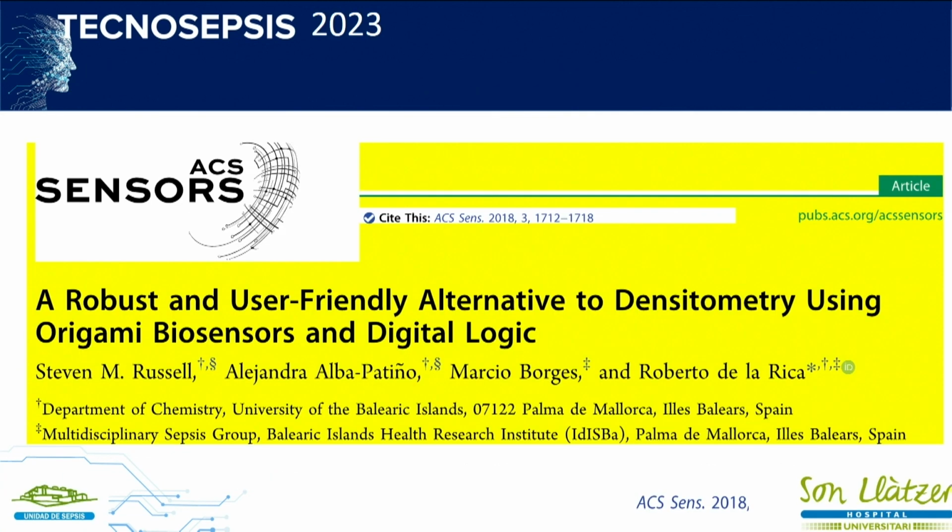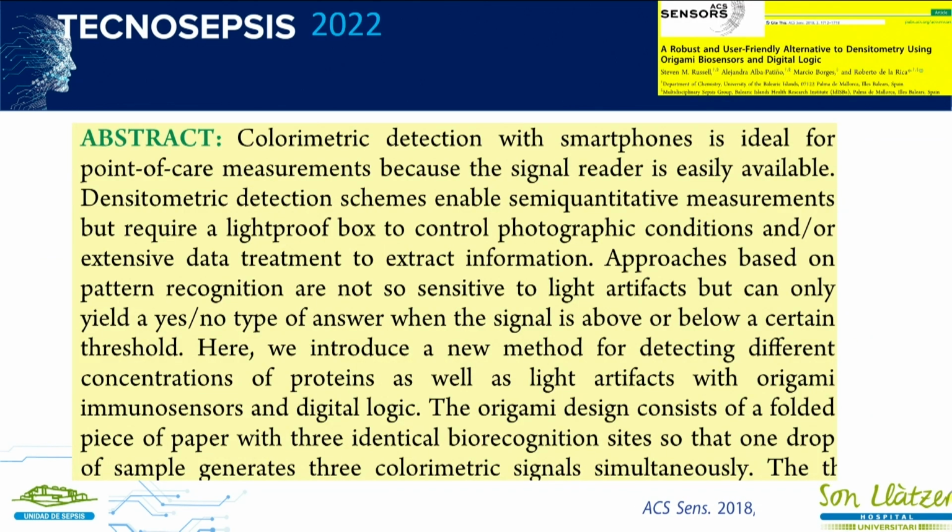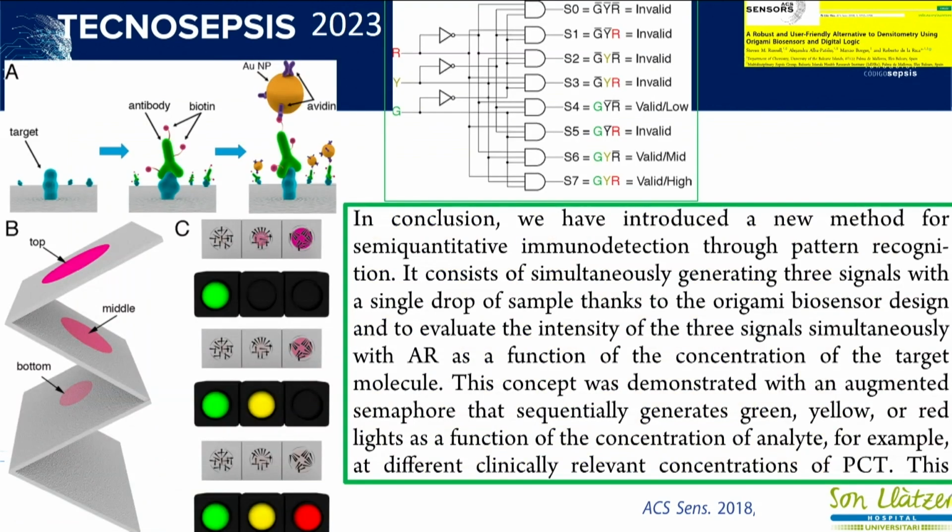For example, using densitometry, using origami with a special paper with a biosensor, and digital logic using augmented reality. For example, colorimetry detection using a telephone to take a photograph and identify and quantify the biomarker, in this case CRP and PCT, in very little time.